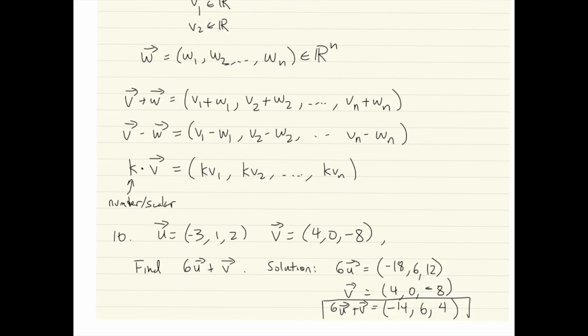And then 6u plus v, vector addition is done component-wise, as simple as it could be. So -18 plus 4 is -14, 6 and 0 is 6, 12 and -8 adds to 4. And that's the answer.